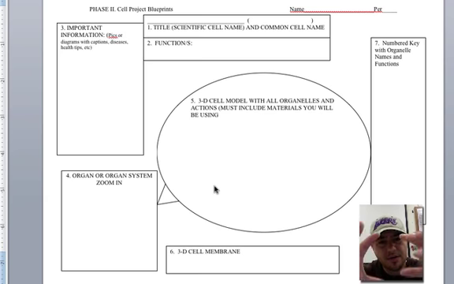And your cell model will go on top of your board right here. It might be bigger because some of you have really big cells, but you really want to build it right here on your board. Now this is going to be a standard size board, and I'll post the dimensions on the website once I find out what the standard poster board dimensions are. But just a regular poster board that you use for most projects.